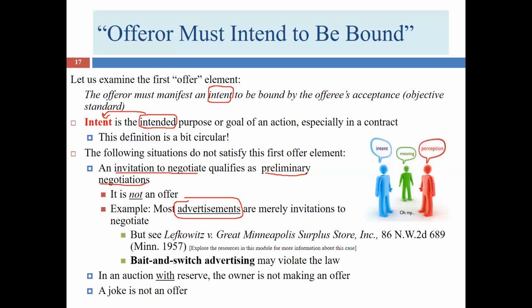Or they may just not think that price is the particular message they want to convey in this advertisement. So advertisements that don't nail down all the specifics are not going to be considered offers because they're not detailed enough to be something that the person broadcasting the advertisement intended to be bound by.